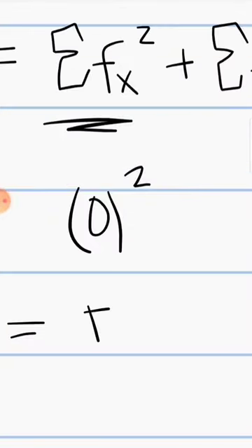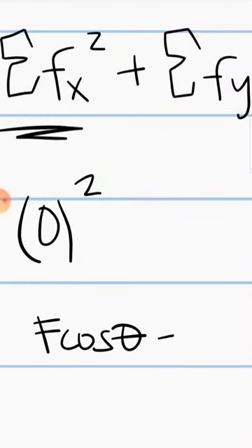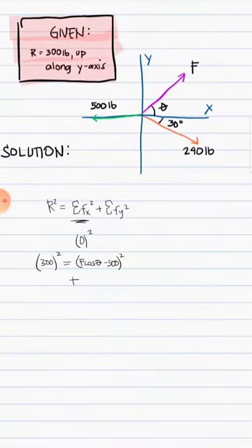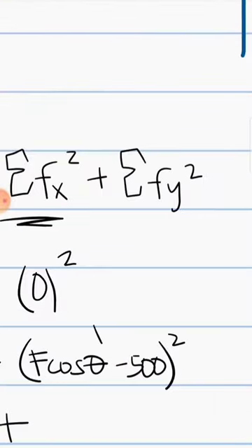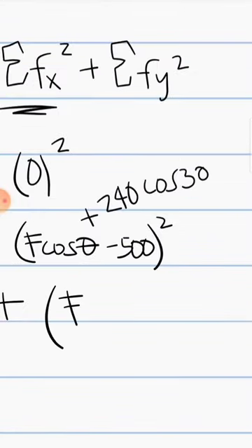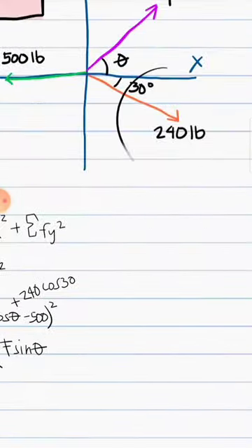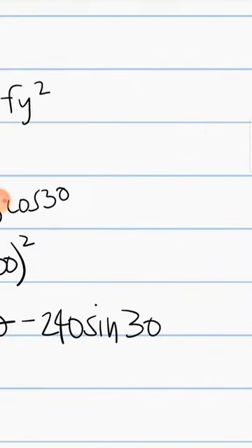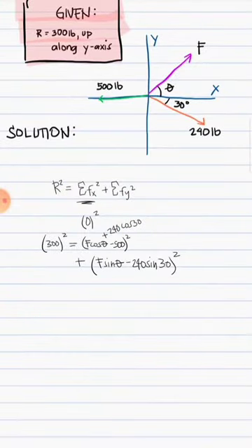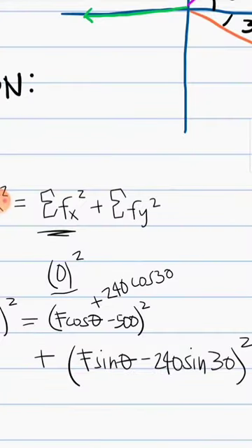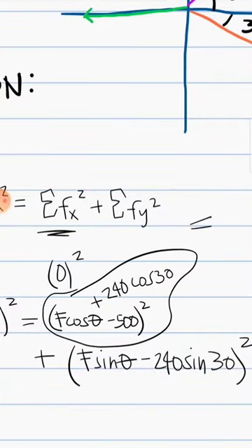It's F cos theta minus 500 squared, plus 240 cos 30 for the component of this force. Then for the y, F sin theta minus 240 sin 30, which is already wrong because the given says the resultant is only in the y. Therefore, this term here must be equal to 0 already.